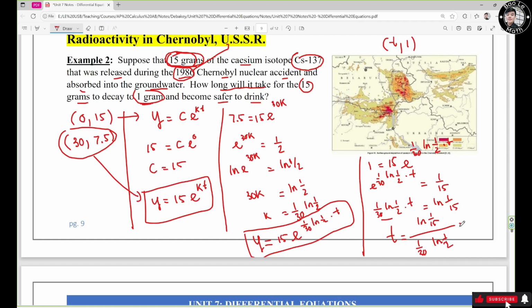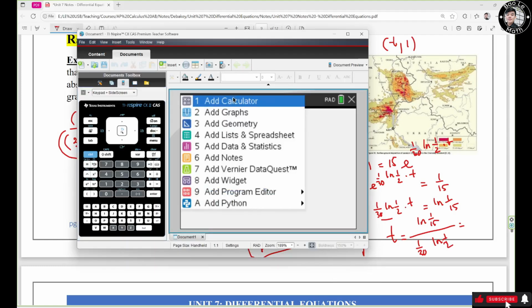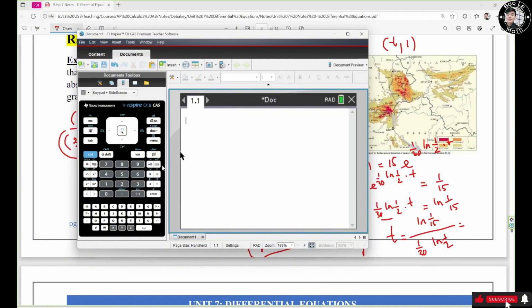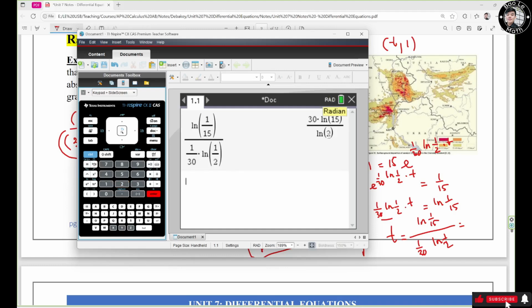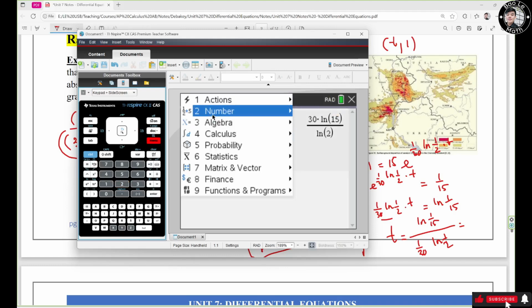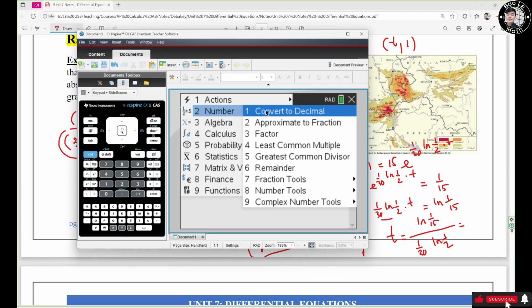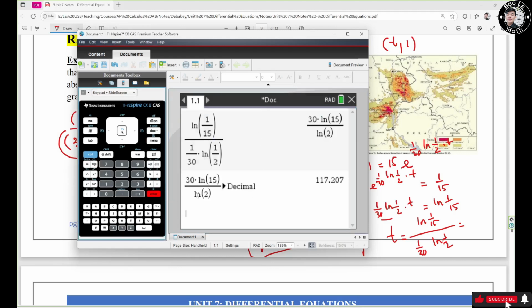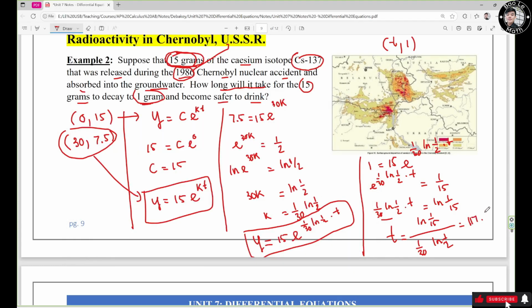Then I'm going to hit the calculator. Then you hit enter. Now you need to convert this to decimal, so you hit menu, convert to decimal, and hit enter. The answer is 117.207.